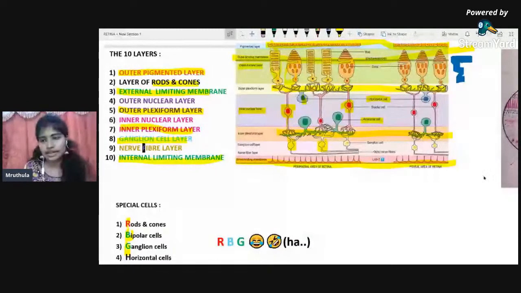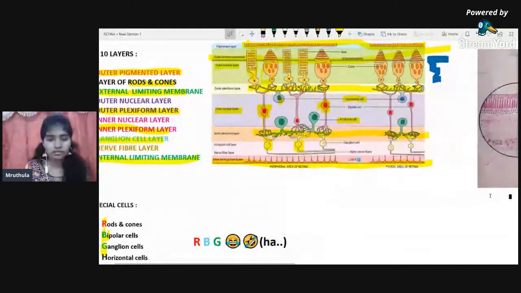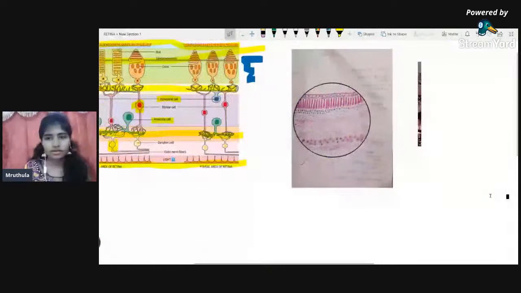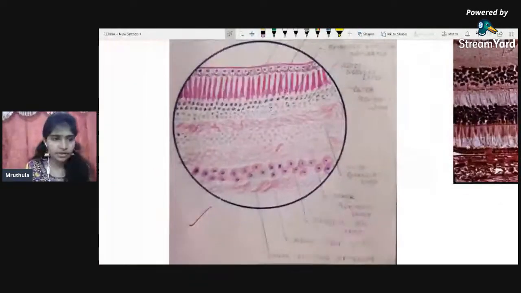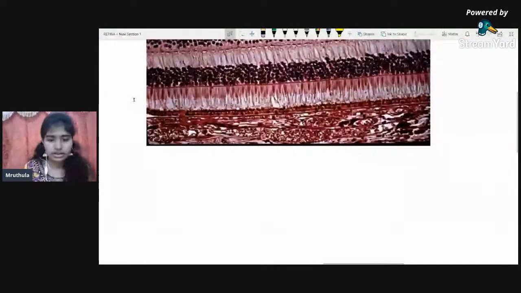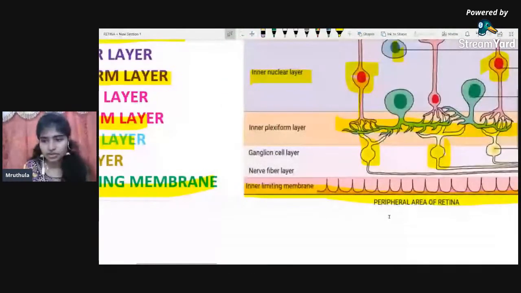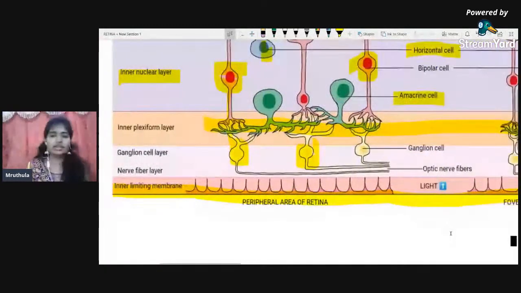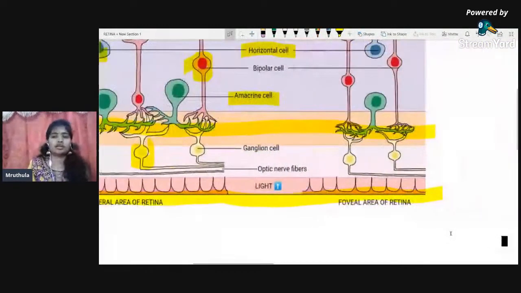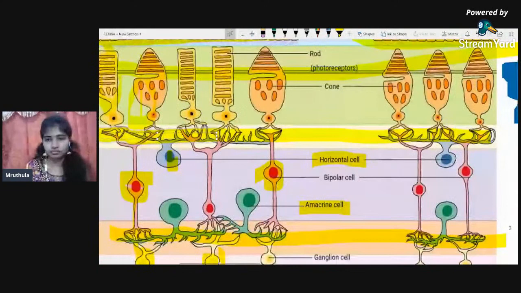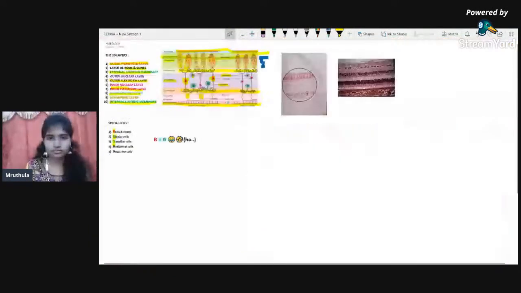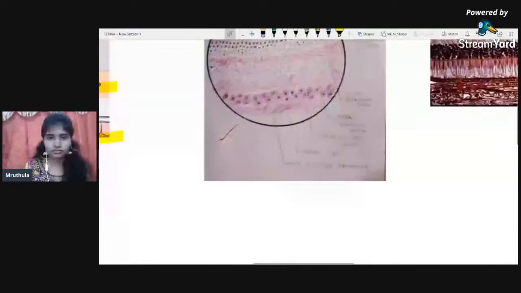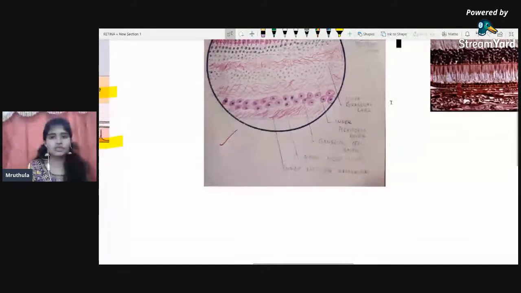Now let's see a histological diagram of this retina. What you're seeing here, I took this picture from my record notebook. It's an eosin hematoxylin picture diagram of the retinal layers.